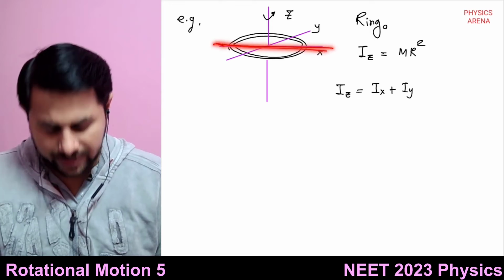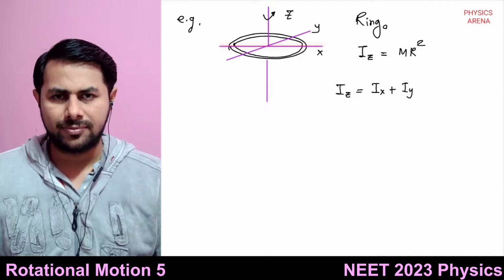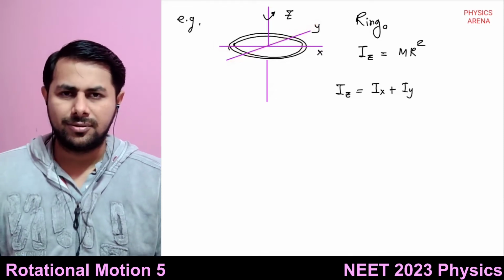Now this is a diameter, right? This is a diametric axis, and this is also a diametric axis.